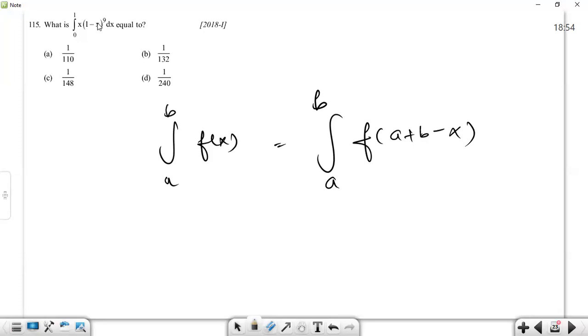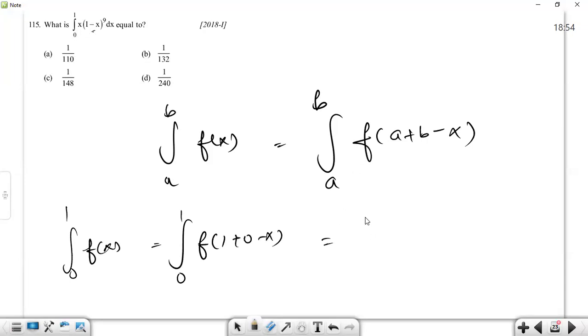Because there is a higher exponent on a polynomial which is more complex. If somehow we can make it simpler, then our work will be done. So in this case, for 0 to 1, f of x, we can write f of 1 plus 0 minus x, right?